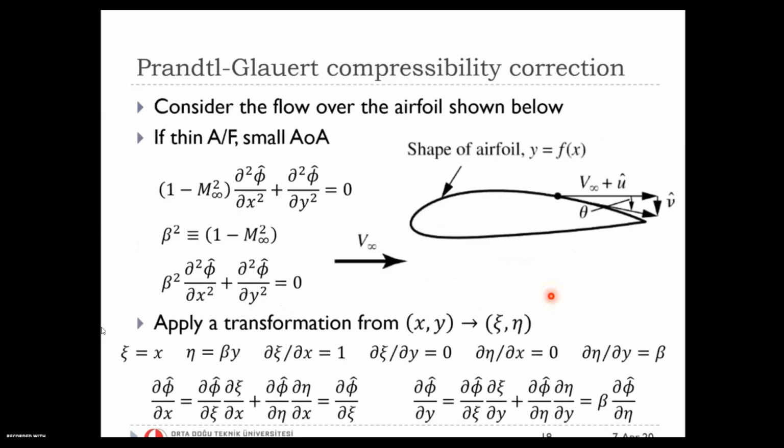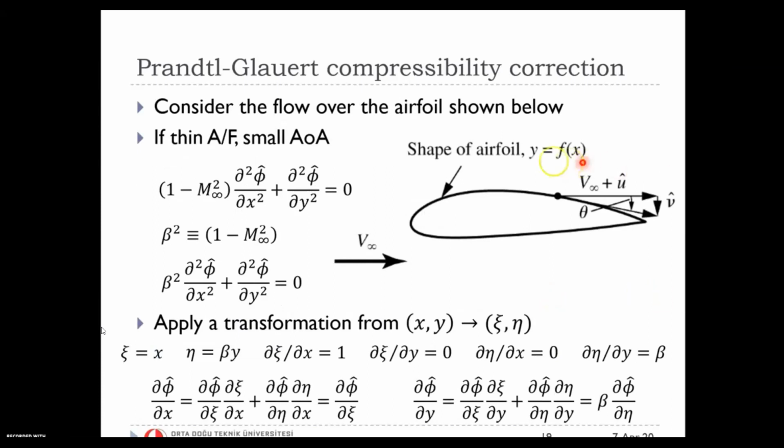The derivation of this correction method is rather simple. It's mostly based on a transformation from our physical space of xy coordinates to some other space, which I'm going to explain on the slide.